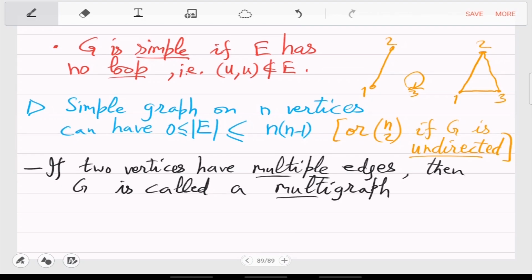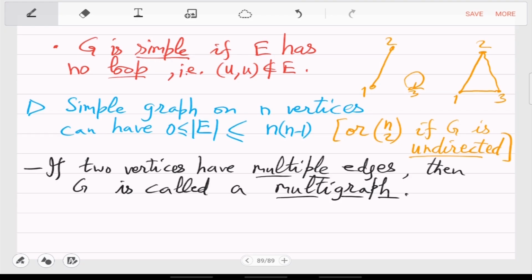Is there a practical situation where you will need two edges between vertices? Yeah, even in transportation it can happen that between two important cities you have multiple roads, right?